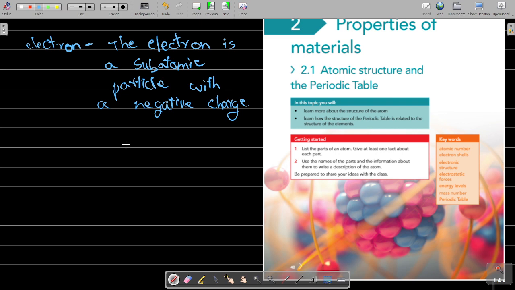So, the symbol is E minus. Okay. Now, one fact also we have written. So, the second question we will do now.